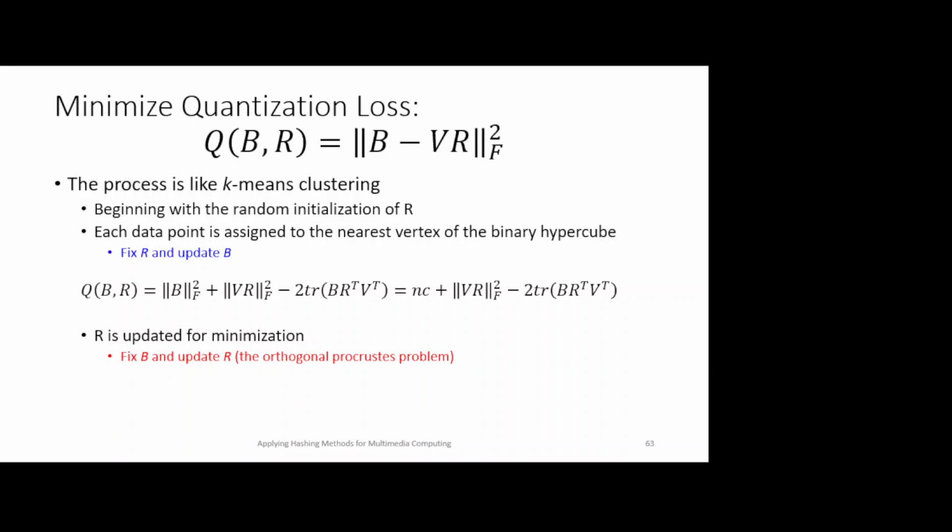Two steps: first, we fix the rotation matrix to update the binary code matrix. And the second step is to fix the binary code and update the rotation. We just repeat these two steps for several iterations. So that's why we call it an iteration.